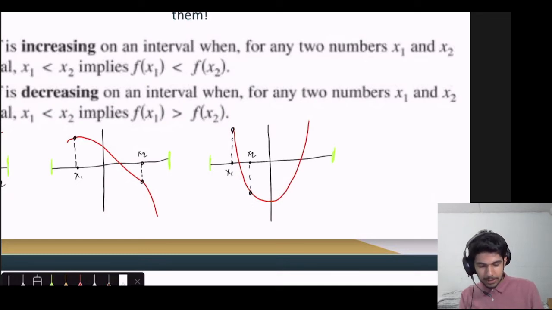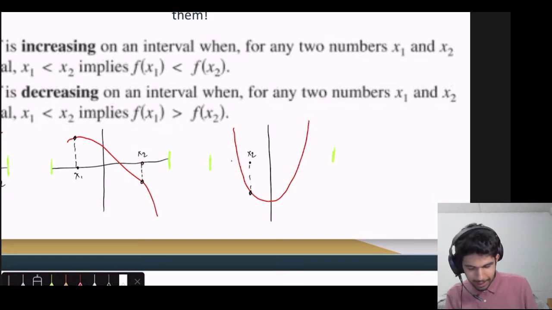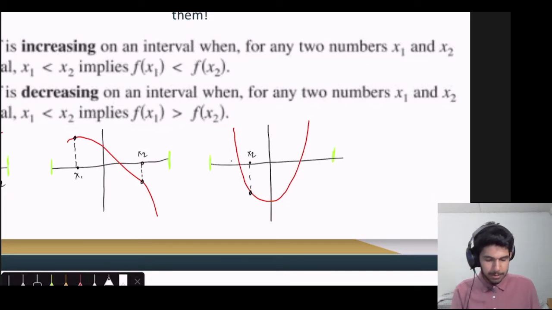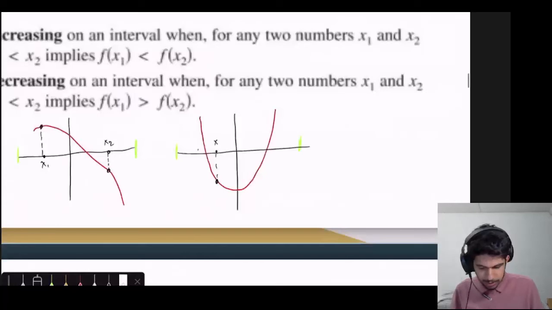For example, let's just get rid of the original x1. Oh no, I got rid of my axis. That's not correct. Something like that. And let's make what we just drew x1, and introduce a new point, not there, here, which is x2.